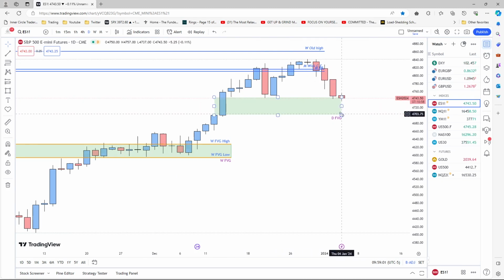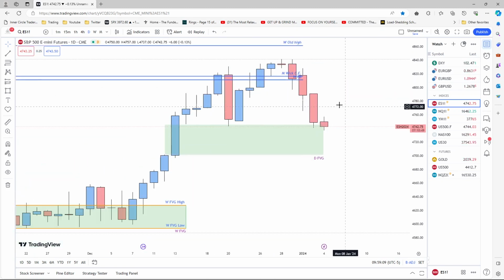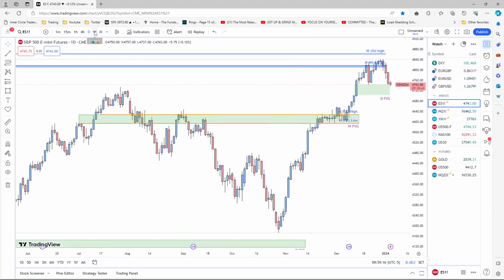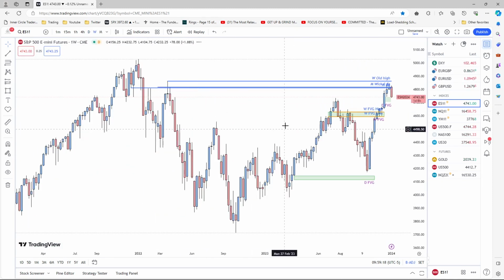We also have this daily fair value gap, which is just now trading into this. And we had a weekly breaker block, a monthly wick consequent encroachment, and a weekly old high. Let's just go up to these levels so you can see these levels. Weekly old wick. There's the weekly old wick.